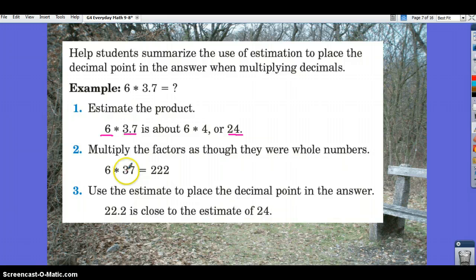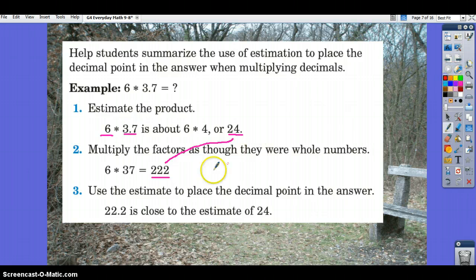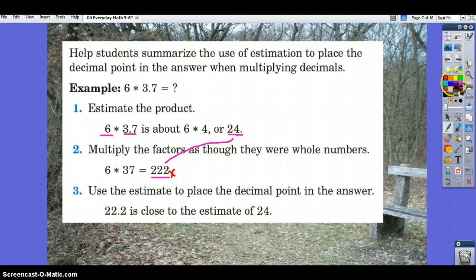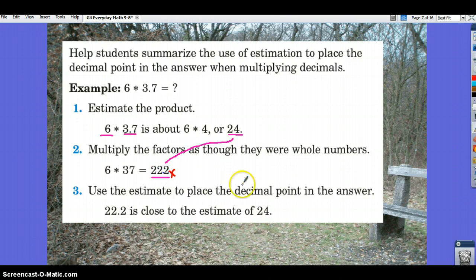So 6 times 37, we would say, is 222. Now, to place the decimal point in the answer, we have to look, how are these two numbers close to each other? Well, they're not the way they're written now. But if I needed to put a decimal point in to make them closer, I wouldn't put it at the end, because that would be 222. If I move it in one place, that's 22.2. Now that makes sense. So that's where I'd place my decimal.